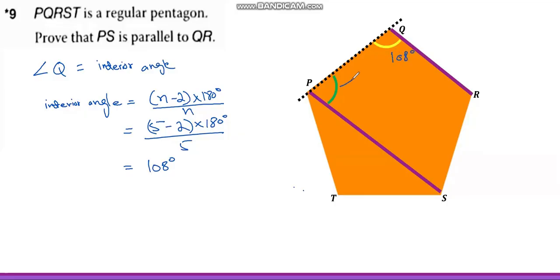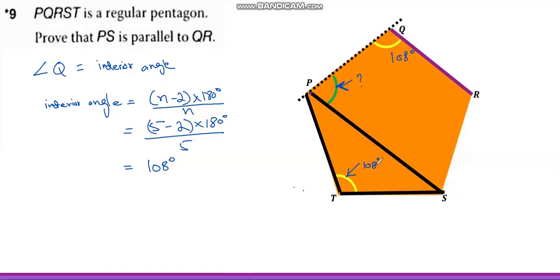Now we have to work out the angle at this point, which is drawn with a green color. To find this angle, let's first consider triangle PTS. In this triangle, we can see that there is again an interior angle which should have a size of 108 degrees.